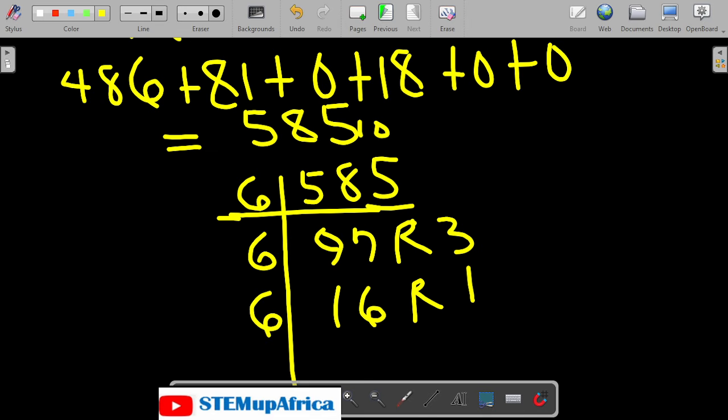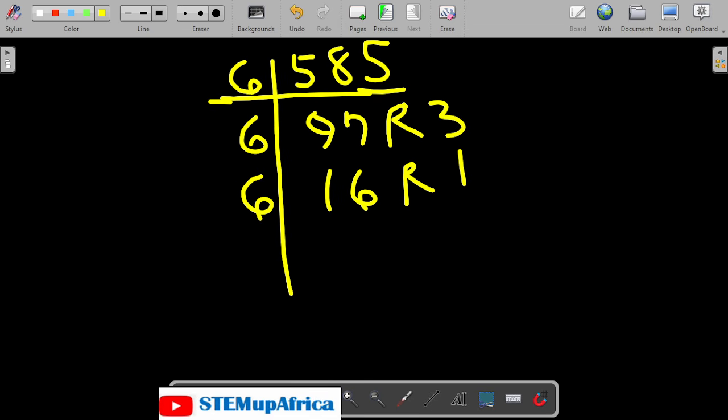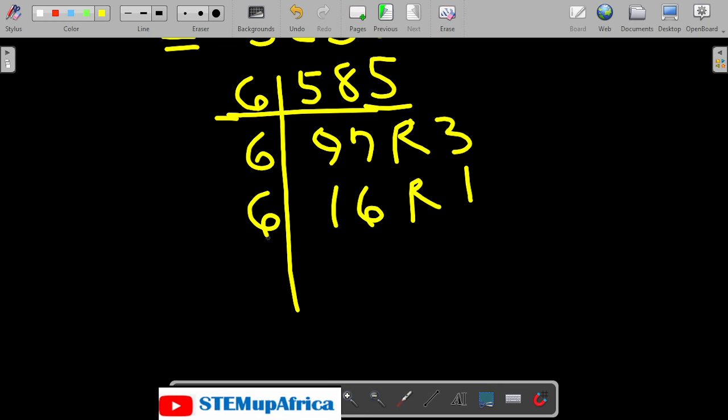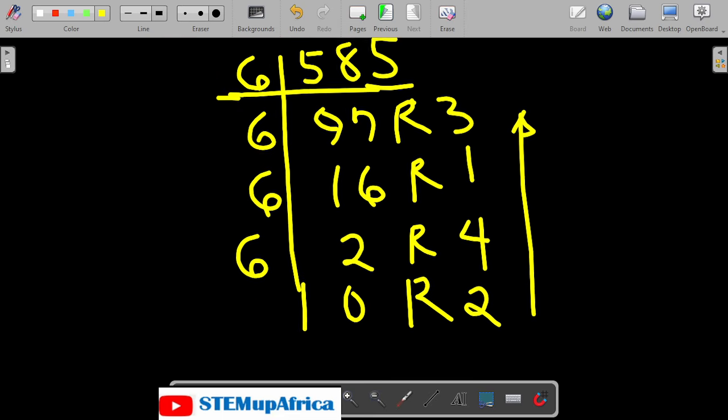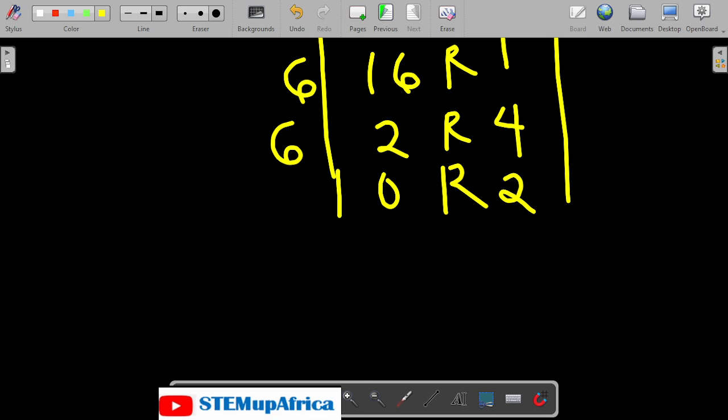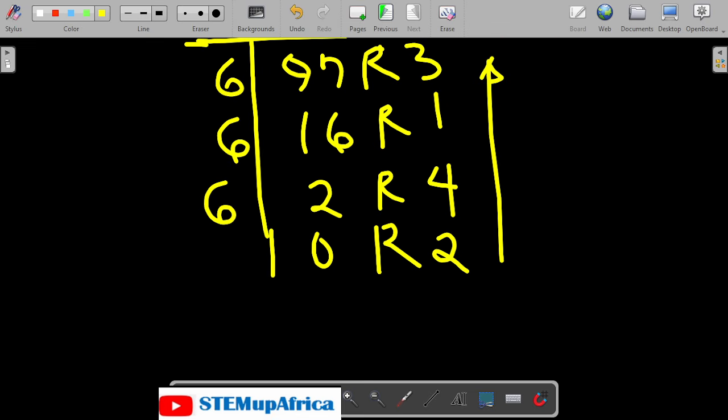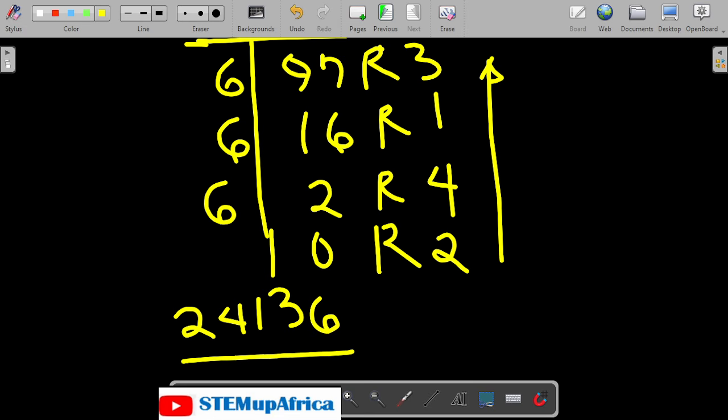Here is 6. 6 is 2 remainder 4. Then here is 6. Here is 0 remainder 2. So my answer becomes 2413 in base 6. That's the answer to this question.